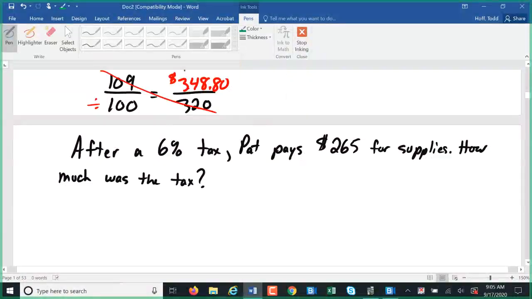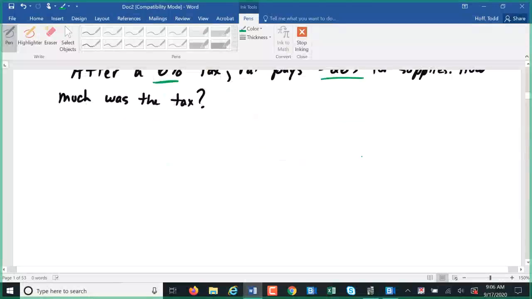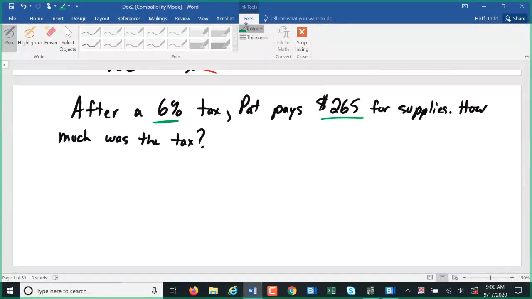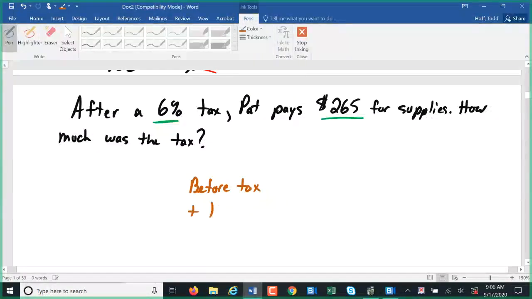So in this problem here, many people will be tempted to jump in and find 6% of that $265. The problem is that $265 is not the base amount. Again, the words we use here don't matter. It's what they represent. Our base amount we're going to put down here is before tax. We add tax to that, and then we get our price after tax.